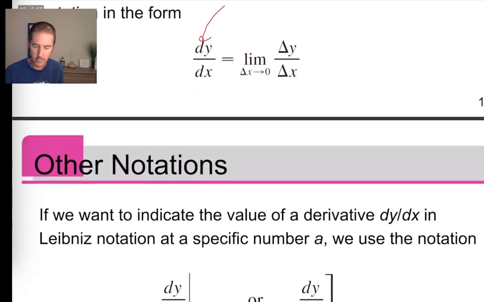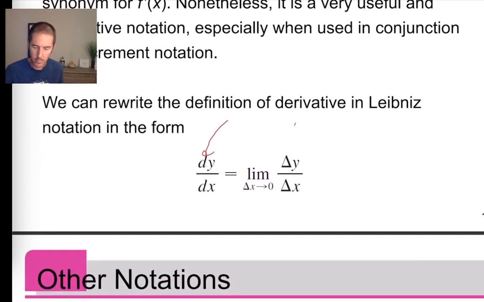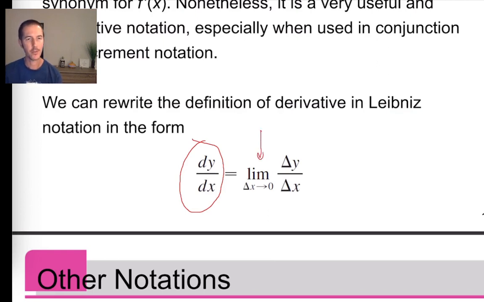Lowercase delta, uppercase delta. We're talking about Greek letters now, all right? So the first derivative of your function or your equation y, that first derivative is equivalent to the limit as the difference in those x values tends towards 0.